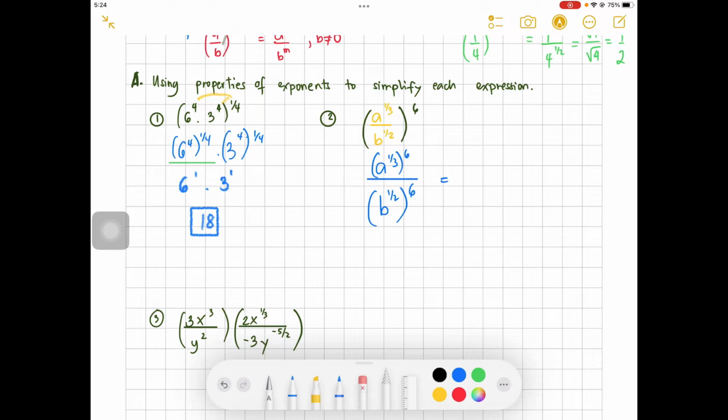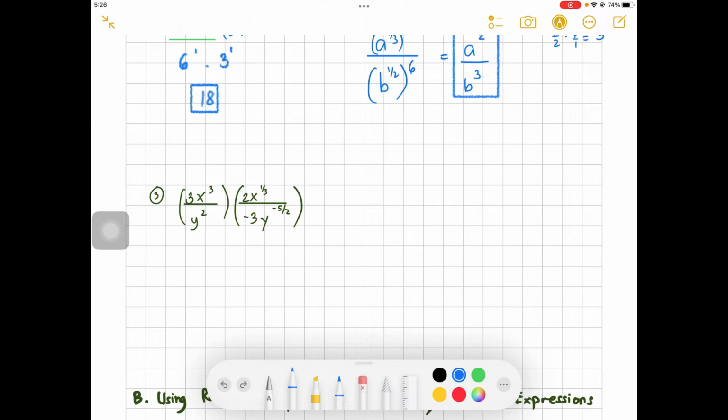So we multiply the exponents. 1/3 times 6, 6 over 1, right? So we have 6 over 3, that is 2. And then b raised to 1/2 raised to 6, we multiply the exponents. 1/2 times 6. What's 1/2 times 6? The answer is 3. So, b raised to 3. This is now our final answer.